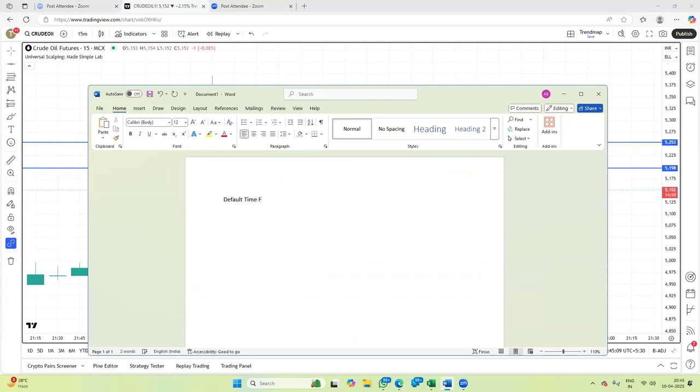As you can understand, the default time frame for this strategy is the 15-minute chart. Here, it is not mandatory that you trade in 15 minutes. You can trade 5 minute, 10 minute, 4 hour, daily, whatever you want. Just understand that if we use a smaller time frame, the risk will be lower, the reward will be lower, and we will get more trades.